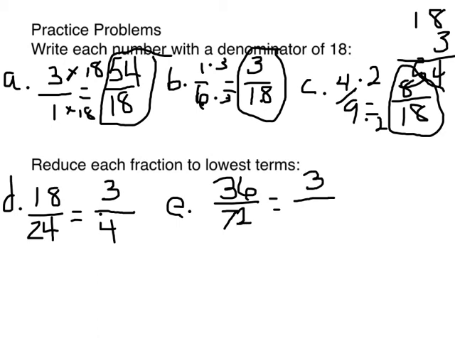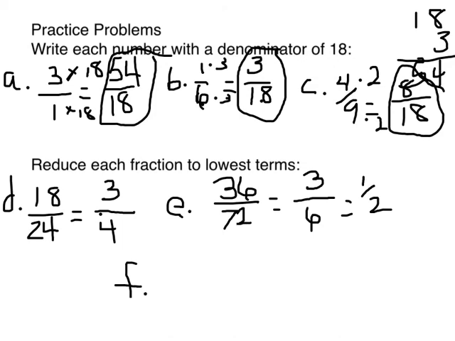And if I divide 72 by 12, I'm going to get 6. And then I know that 3/6 will reduce to 1/2. And then if you're really good with your multiplication, then you would know that 36 times 2 is 72.